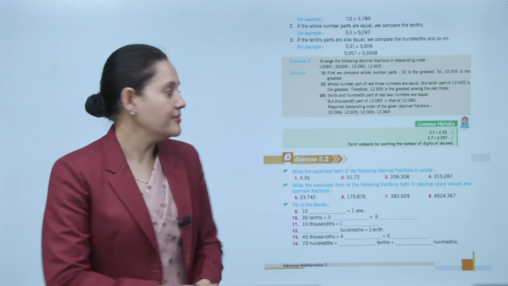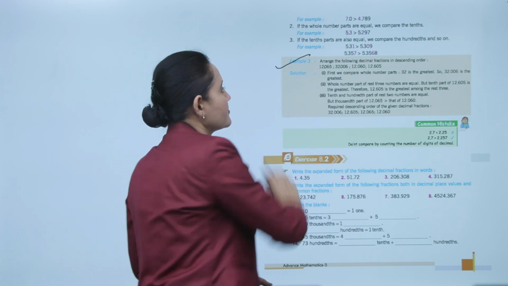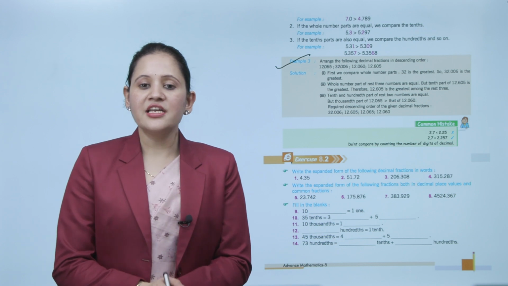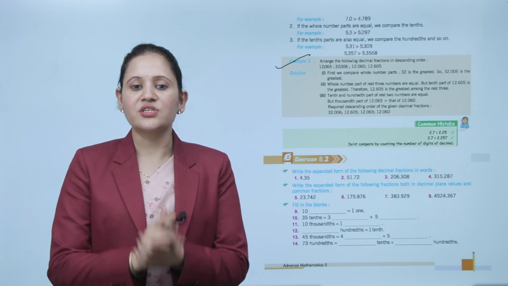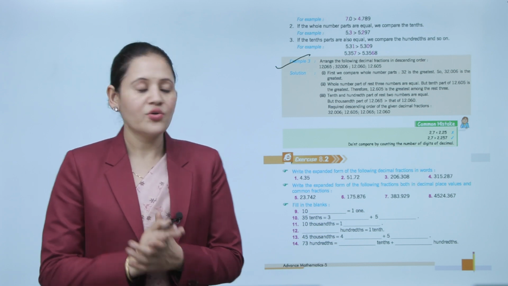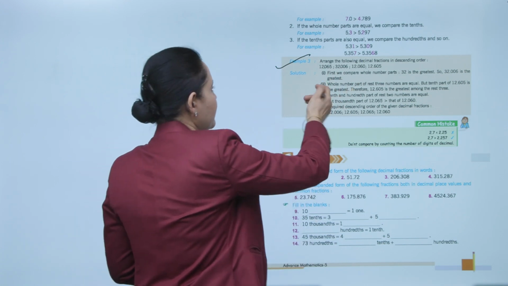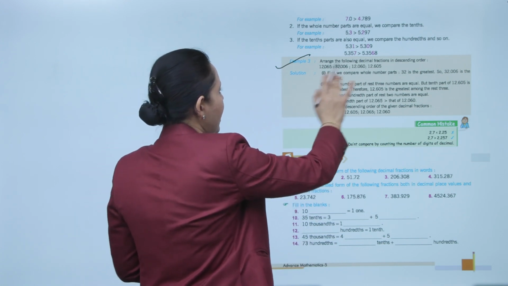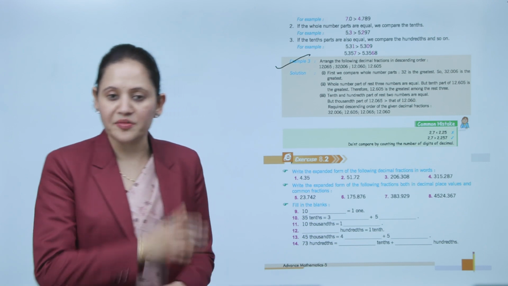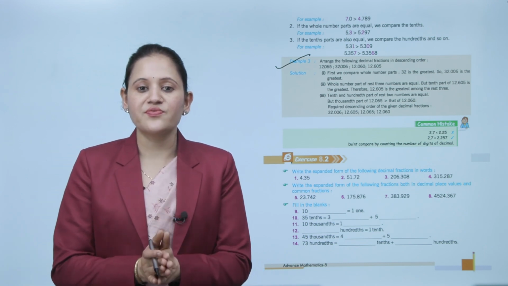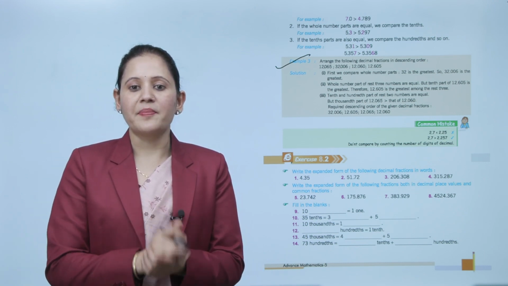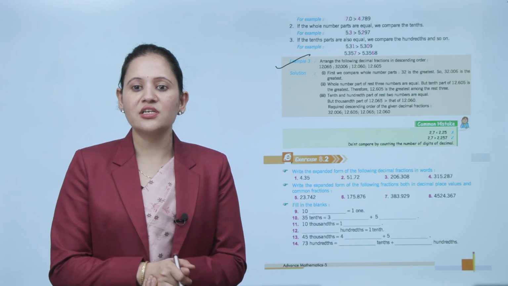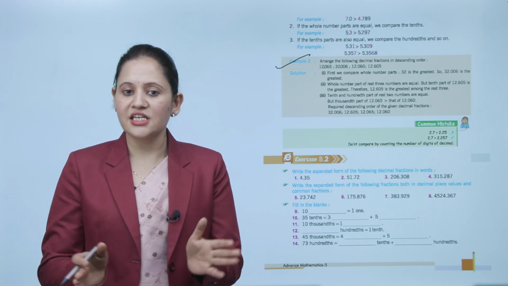Now, we'll take an example. Arrange the following decimal fractions in descending order. So, these decimal numbers are given. We have to arrange them in descending order, meaning decreasing order. So, solution is, first we compare the whole number part. 32 is the greatest, so 32.006 is the greatest.